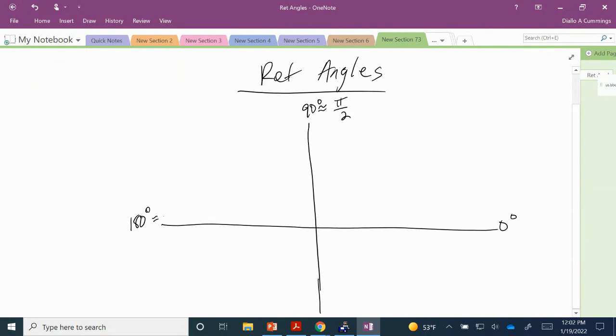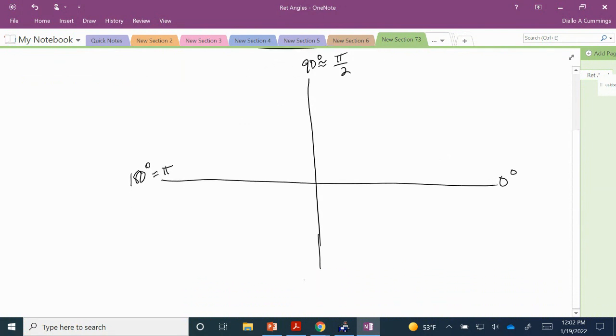We have 180 degrees, which is pi radians. We have 270 degrees, which is 3 pi over 2 radians. And then we have 360 degrees, which is 2 pi radians.